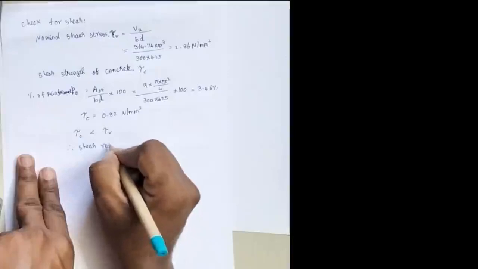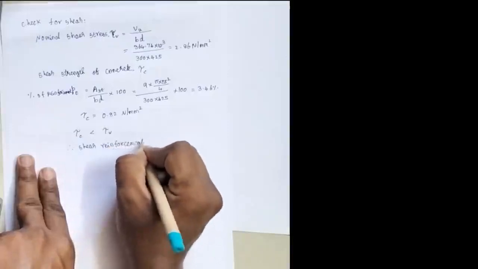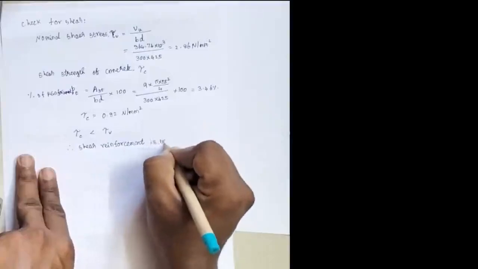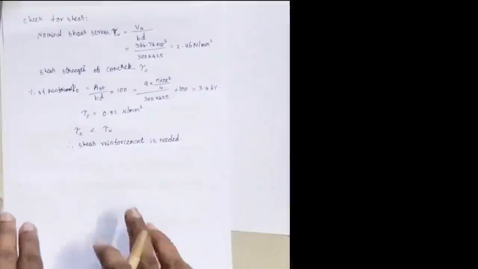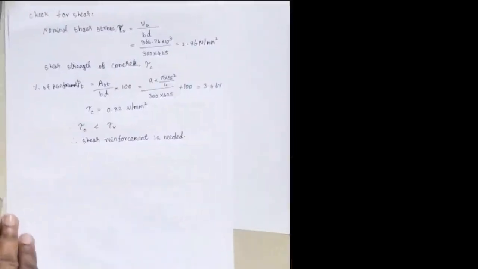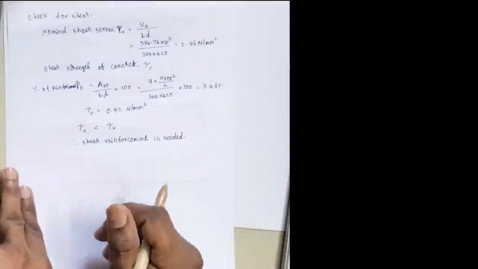Since we are considering the torsion condition, we need to provide shear reinforcement as per the torsion condition only. For that, take page number 75 of IS 456. Then we will have this formula, that is transverse reinforcement based on torsion: Asv equal to, we need to consider the torsional moment and also the shear force.